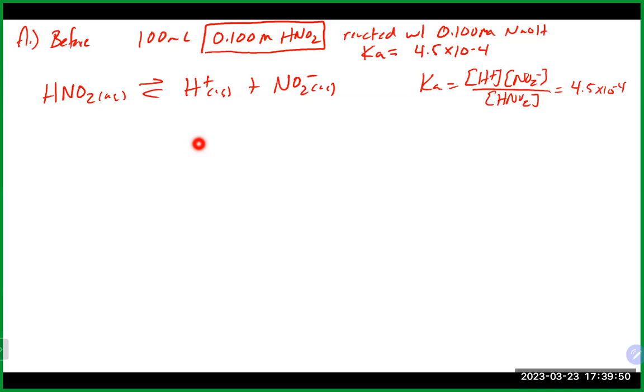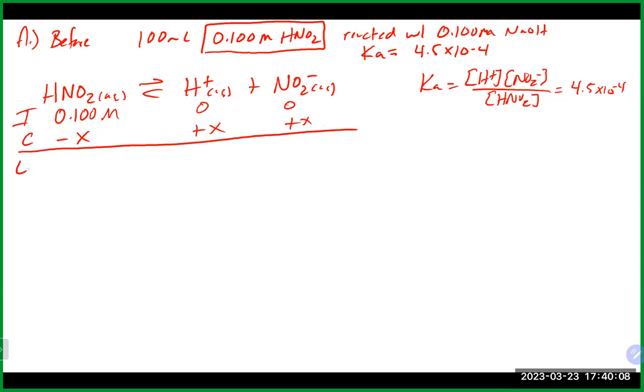So we're going to do an ice table, which frankly you can't really go too wrong with in a lot of cases. This is going to be 0.1 molar. We're going to put zeros on these. Change here is going to be minus X, plus X, plus X, which means when we reach equilibrium, we've got 0.1 minus X, X, and X. Any questions so far on the table here?